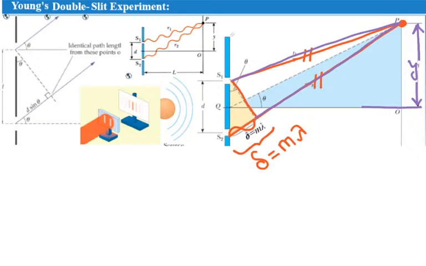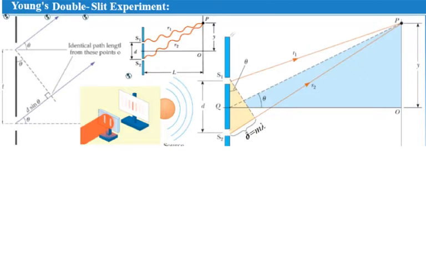And if I look at the blue triangle, I will clear it a little bit. So if I look at the blue triangle, this is angle theta, and tangent theta from this triangle is equal to y over the distance between the double slit and the screen.